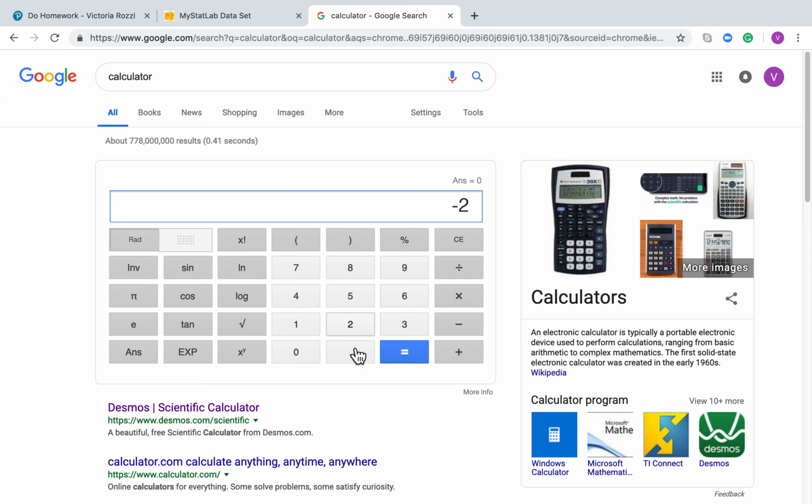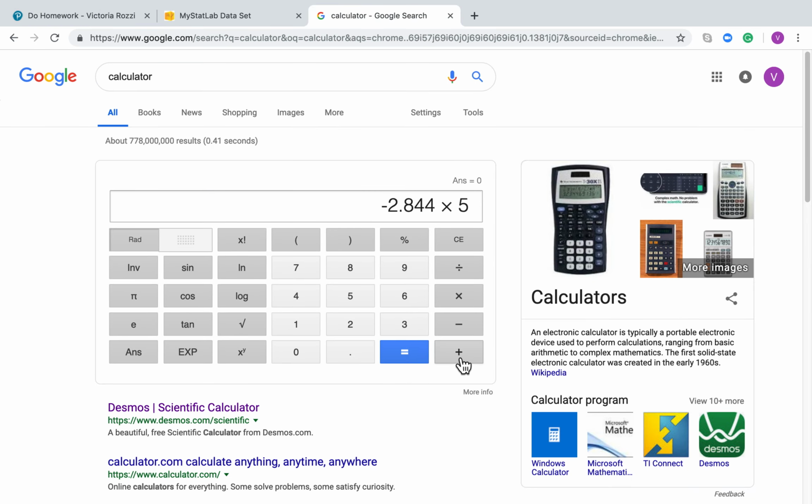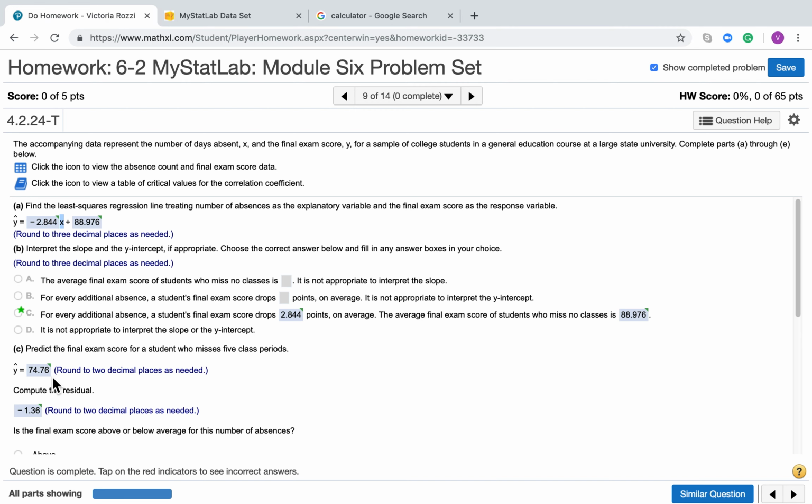So negative 2.844 times 5, is that what it was? Yep, and then plus 88.976. And that gets me 74.756. So if a student misses 5 classes, this is what this line is predicting that they'll earn. And that's what they're getting here, except they're rounding to 2 decimal places.